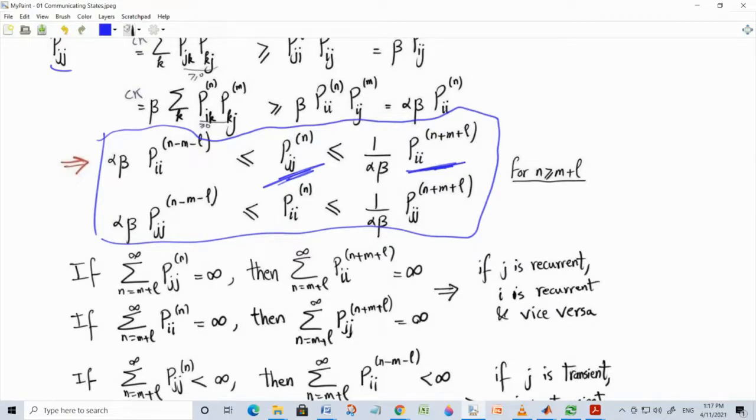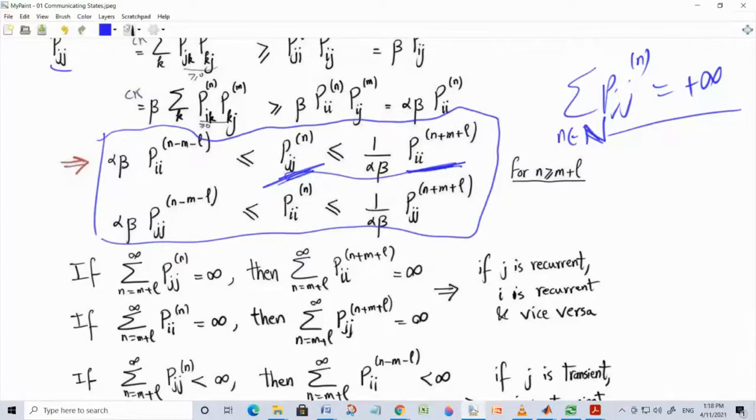And this has a meaning: if the sum of the probabilities P_jj(n) over the natural numbers is equal to infinity, it means that we are talking about a recurrent state. If you take limits, again you have a lower bound, and if this one is finite, then it forces the other to be finite, and so on and so forth.